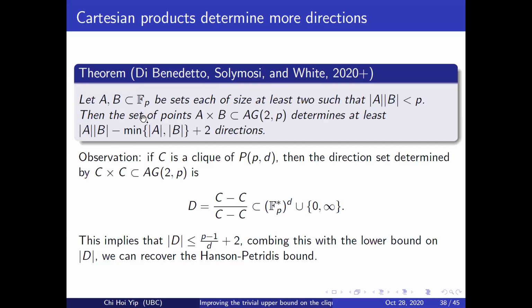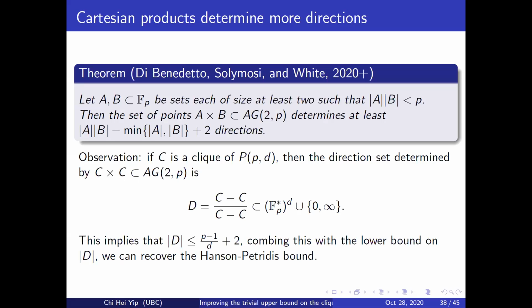With this, we can see the connection between this direction problem and the clique number problem. The observation is that if C is a clique of the generalized Paley graph GP(p,d), then we can consider the direction set determined by C times C. The direction set is just (C - C)/(C - C).